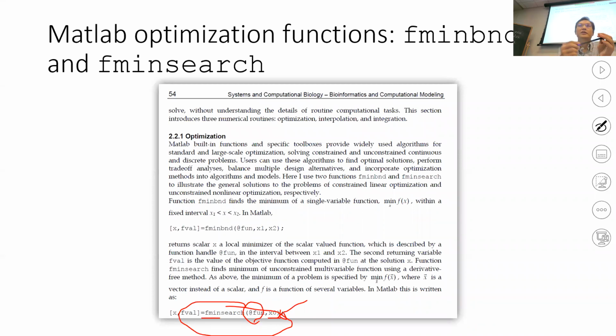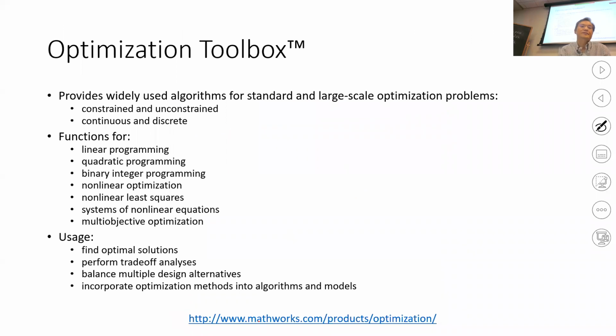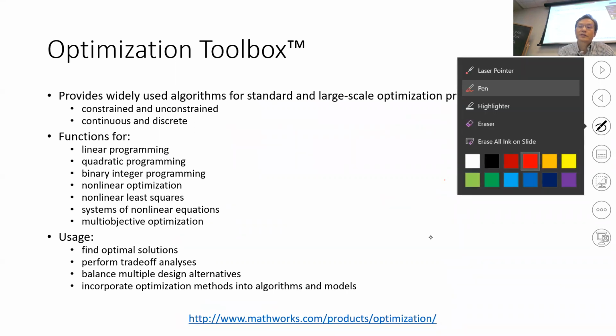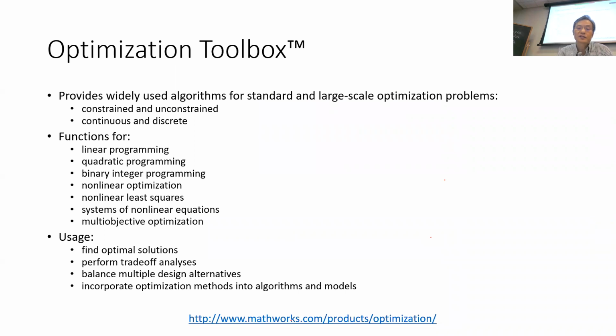So this particular function engine will help you find the best solution to satisfy the smallest value for that function. Internally, it's more complicated than what I said there. Let's play a video and see the introduction of the Matlab optimization toolbox.